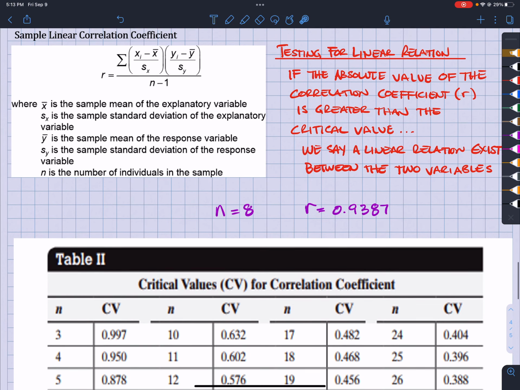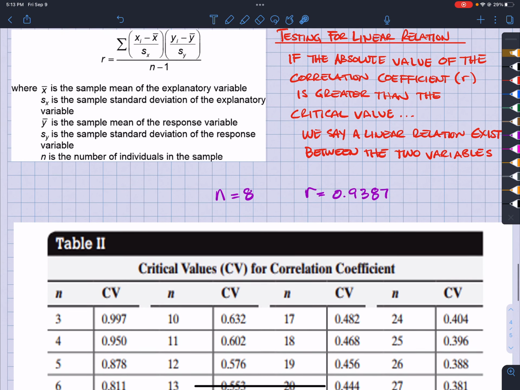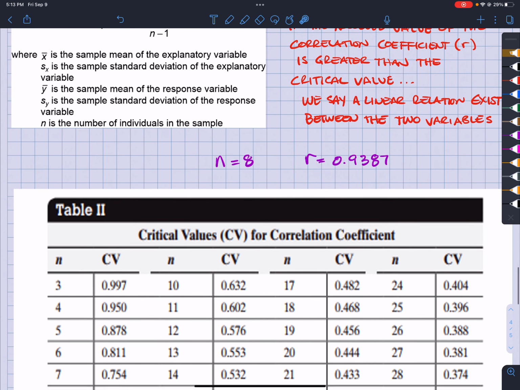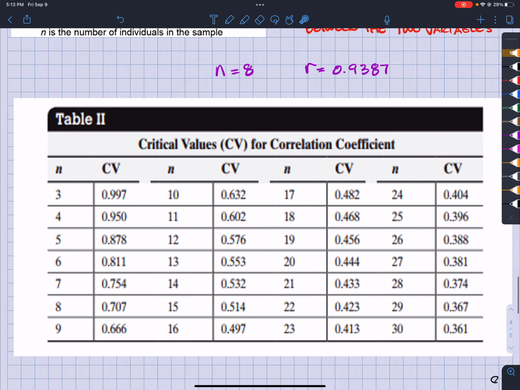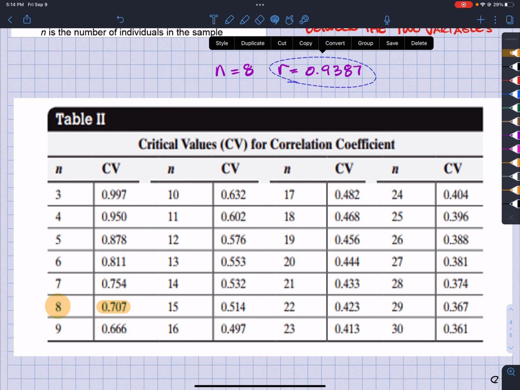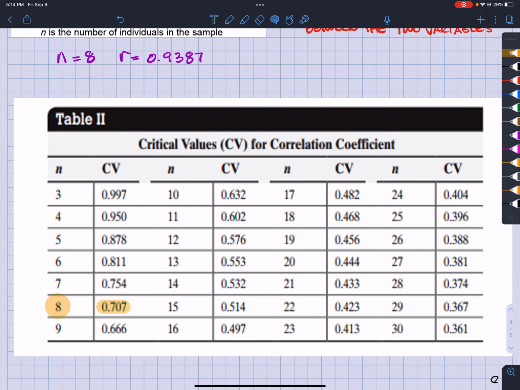All right. So here is the critical value for correlation coefficient. So if you look at this, I have n equals 8 right here. And it has a critical value of 0.707. But my R is this. So since this is greater, let me do it this way. Let me bring it over here.